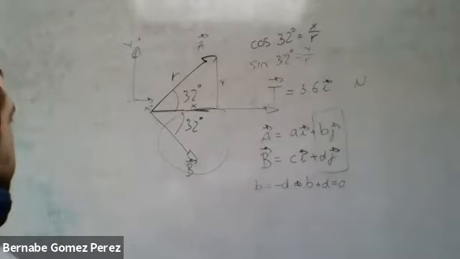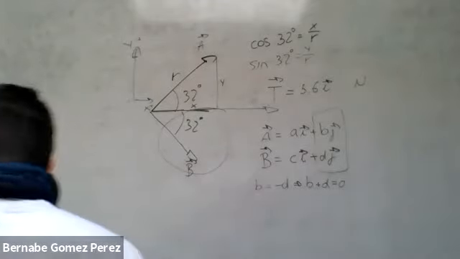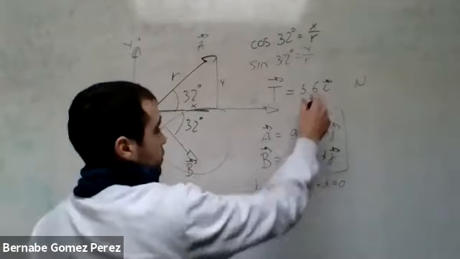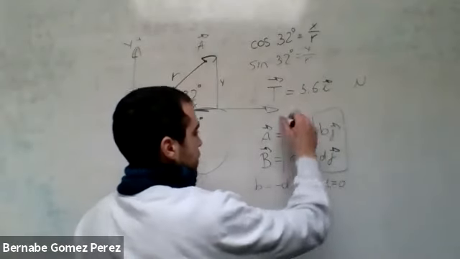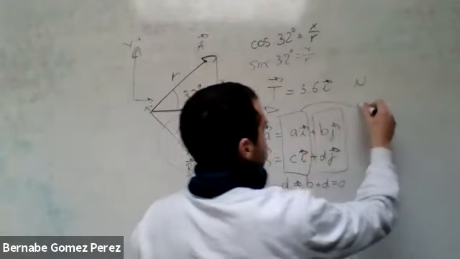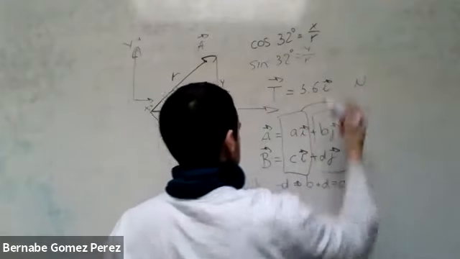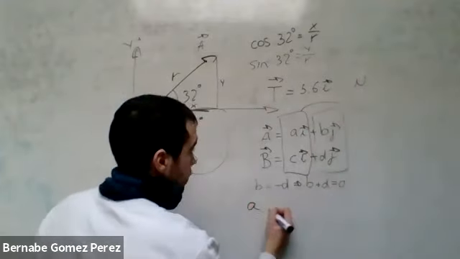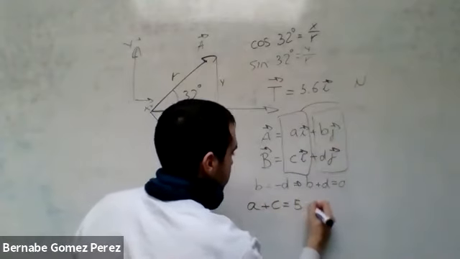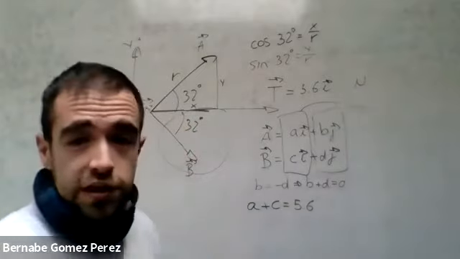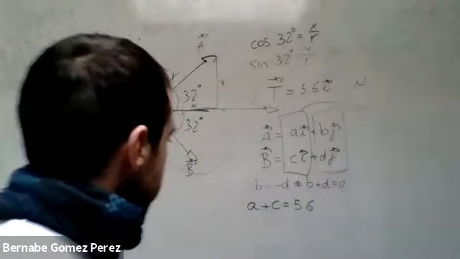Oh, okay, fair enough. We also know something else. We know that we want 5.6 in the direction of X, right? So we know something about A and C. What do we know? We know that A plus C is equal to 5.6. And we know that they work in the same direction, okay?